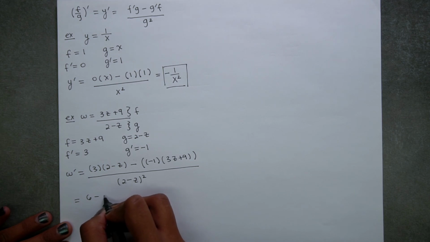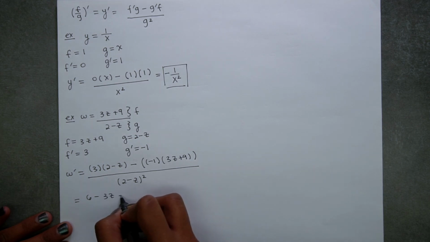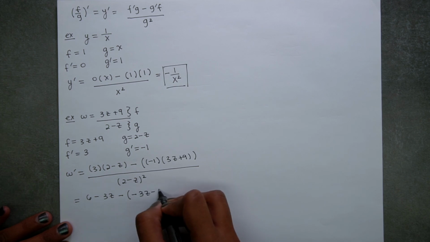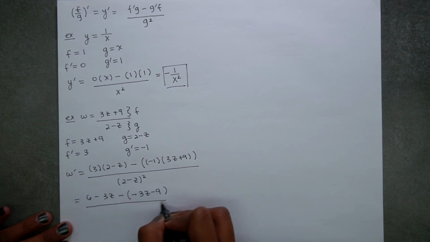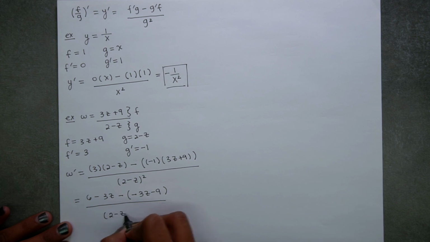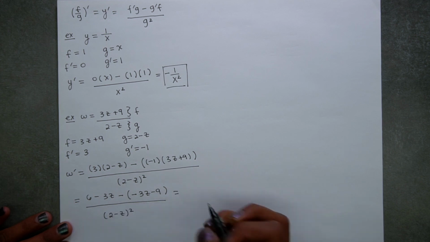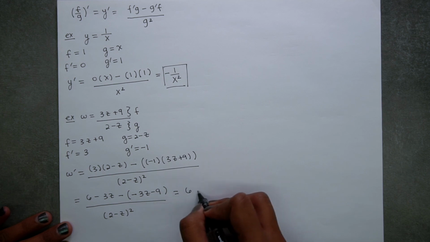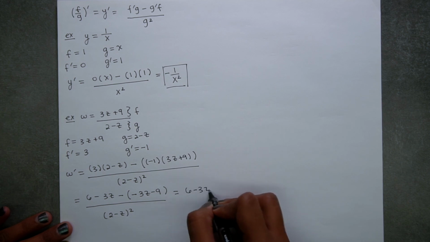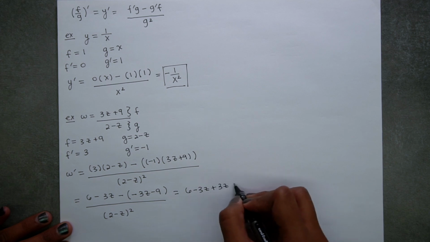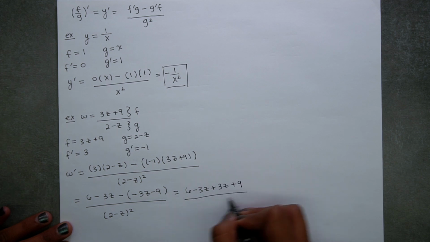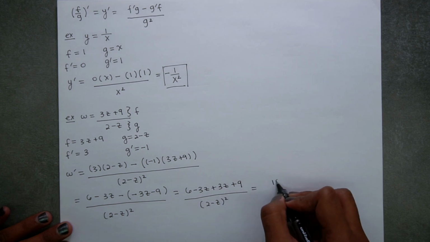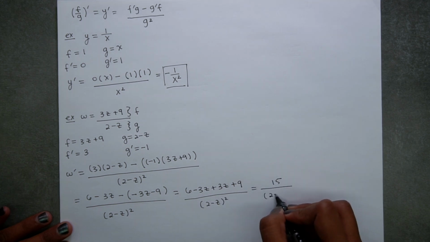So we get 6 minus 3z minus negative 3z minus 9 all over 2 minus z squared. And then all of this simplifies to, the top would be 6 minus negative 3z plus 3z plus 9 all over 2 minus z squared. And our final answer would be 15 over 2 minus z squared.